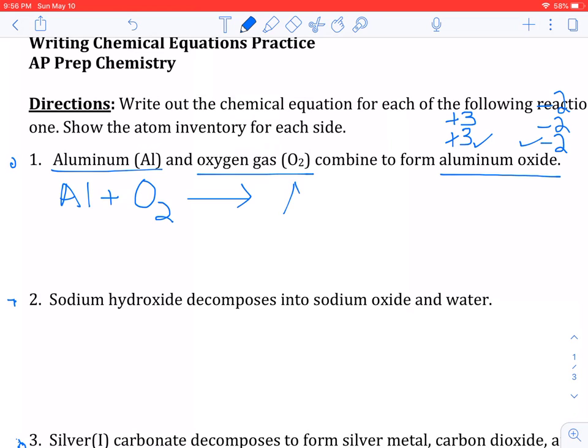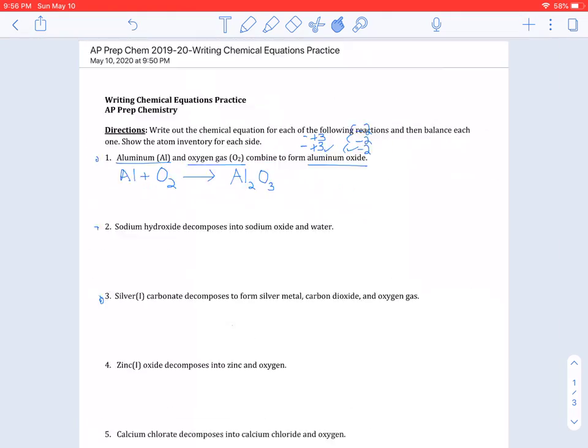So the formula would be Al2, because I have 2 of them, 1, 2, right here. And then O3, because I have 3 of them, right? 1, 2, and 3.